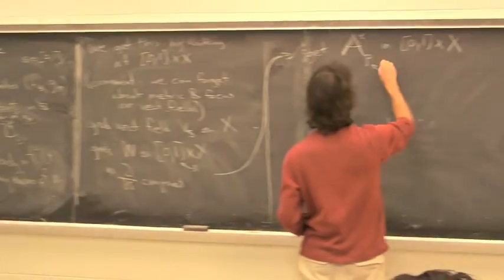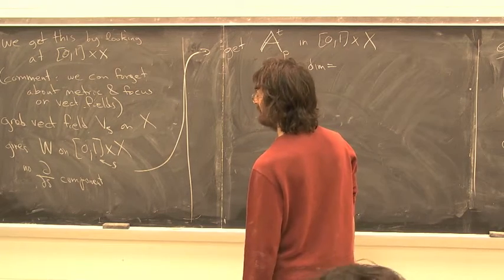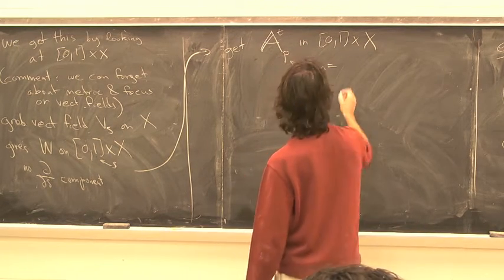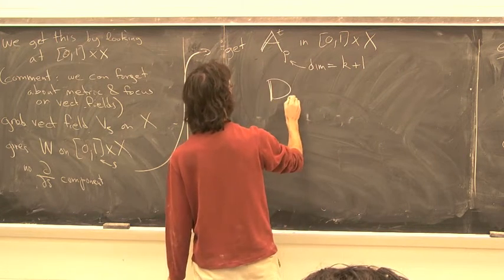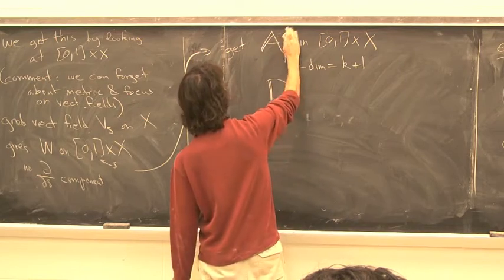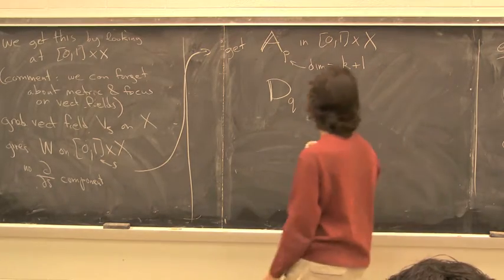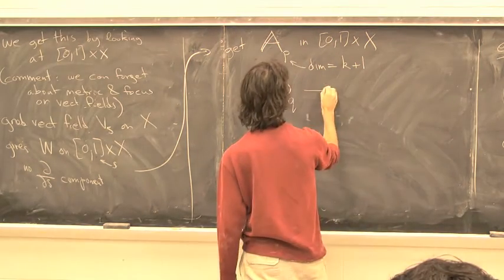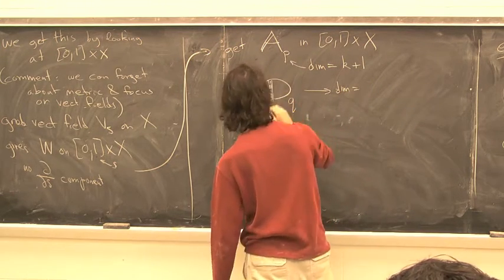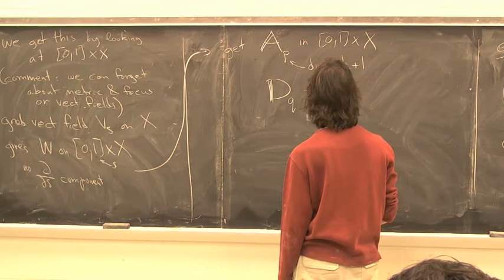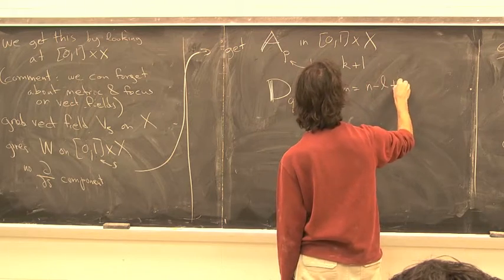So the dimension of this, it was k dimensional, and now it's k plus 1 dimensional, right? Sorry, I just want that first without the t. So that's just all the ascending manifolds extending across, and this was dimension n minus l, and now it's n minus l plus 1.